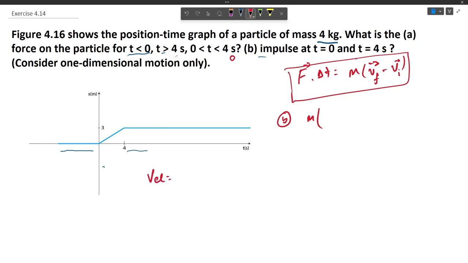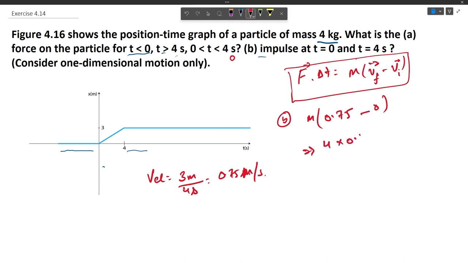So distance is 3 meter, time is 4 seconds, so it would be 0.75 meter per second, and it is constant. So the final velocity is 0.75 minus initial, which was at rest, so it would be 0. And the mass of the body is 4 kg.